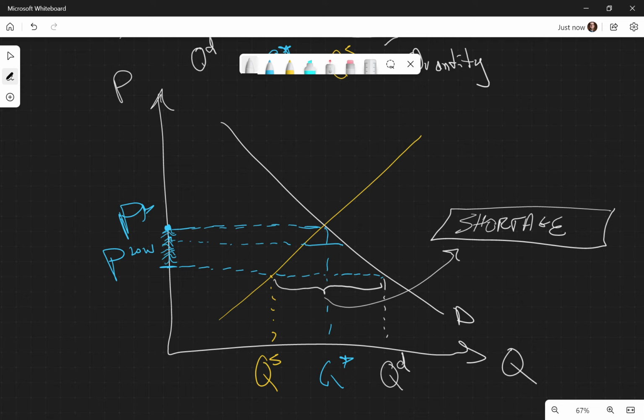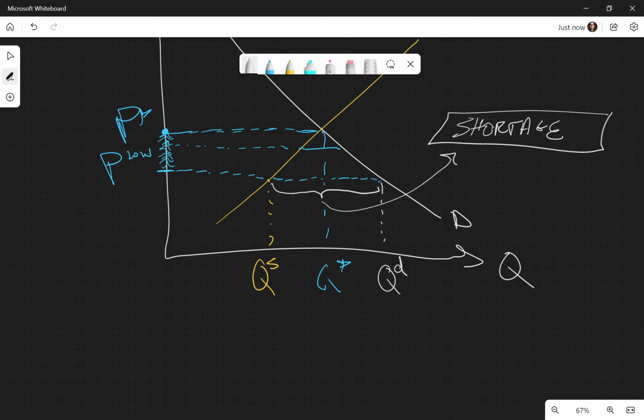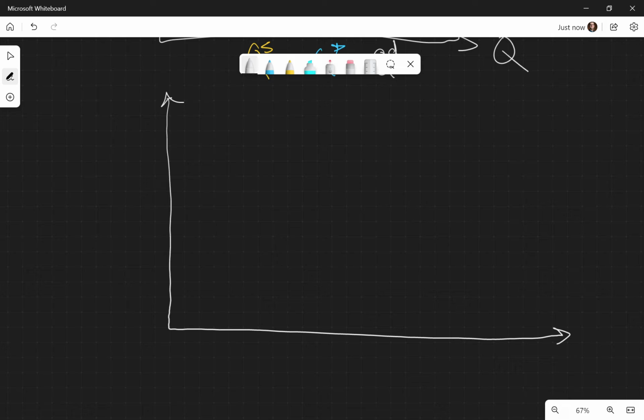Two examples where market forces don't equilibrate the quantity supplied and the quantity demanded. So if we talk about the market for apartments in New York City.